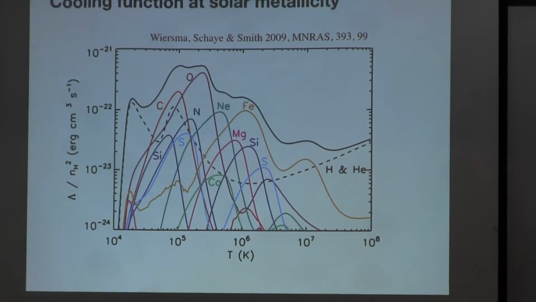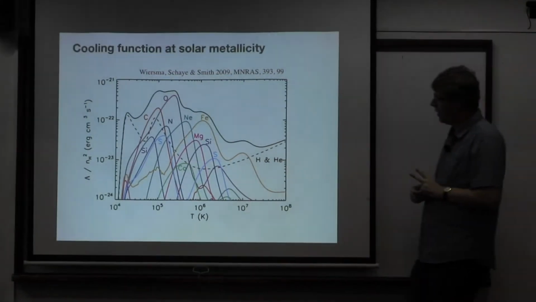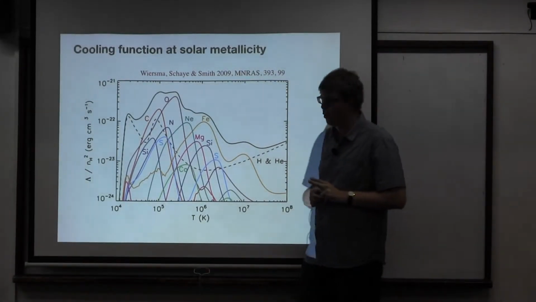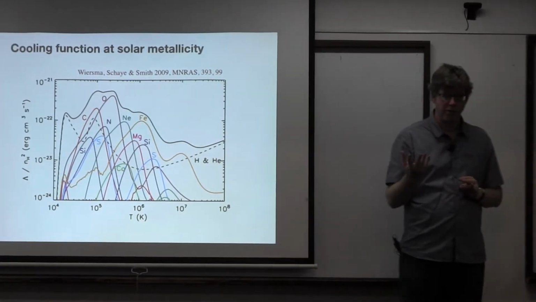So do people have a feeling for why that is? Why you typically shift them to higher energies? If you think about Coulomb force. Yes, it's just electromagnetic. Exactly. These things have more charge, their nuclei have a higher charge than hydrogen.